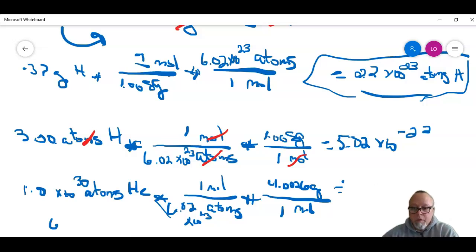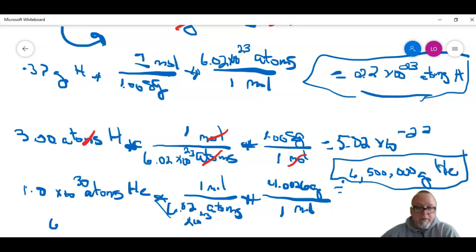It's 6,600,000 grams of helium. I messed it up again. If we have 1 times 10 to the 30th atoms, 1 of them is equal to about 4 grams, so yes, it makes sense.